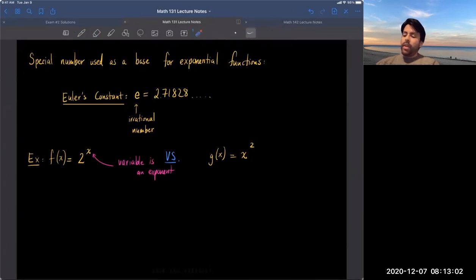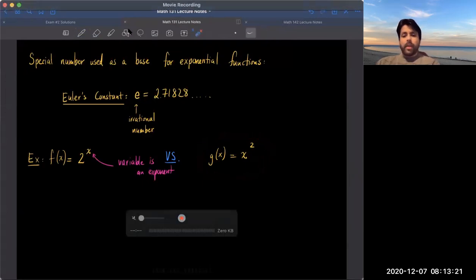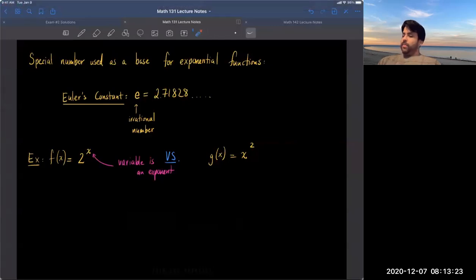So what do we have on the right? What kind of function do we have? What is this function here?